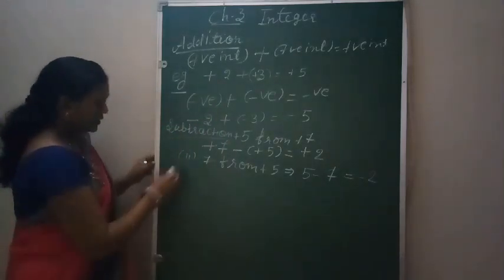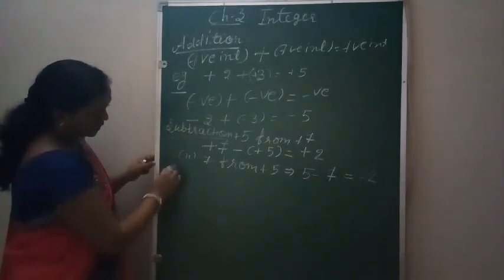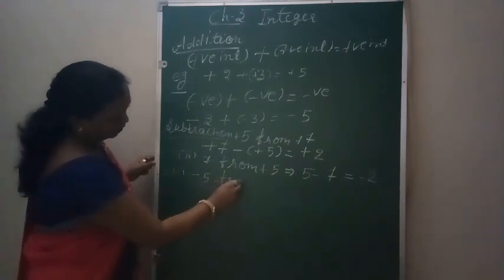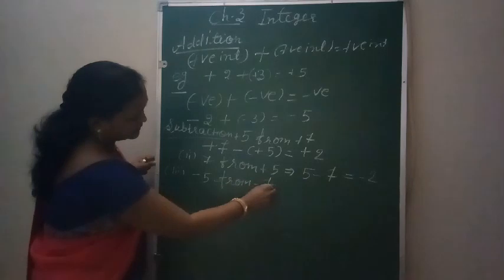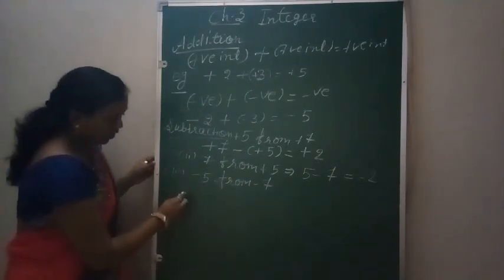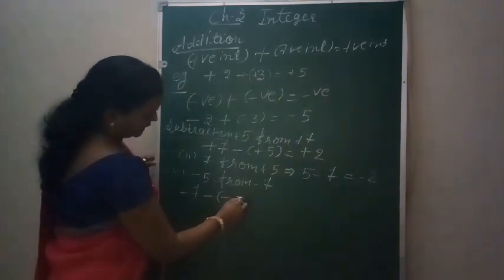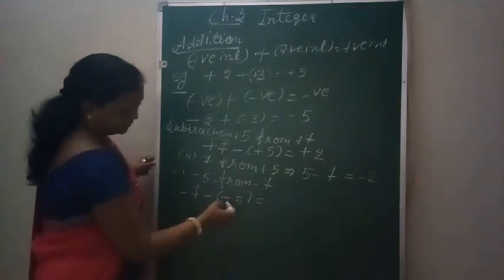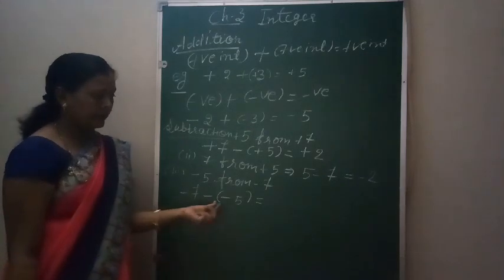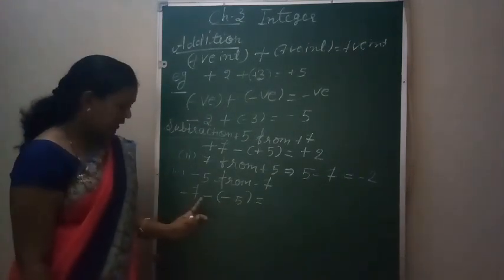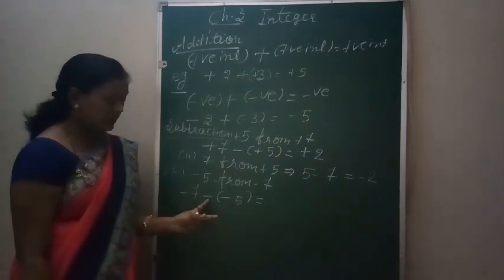Here is the subtraction of two negative numbers, minus 5 from minus 7. So minus 7 minus of minus 5. There is a negative sign before the number, which is a negative number, and this is also a negative sign.